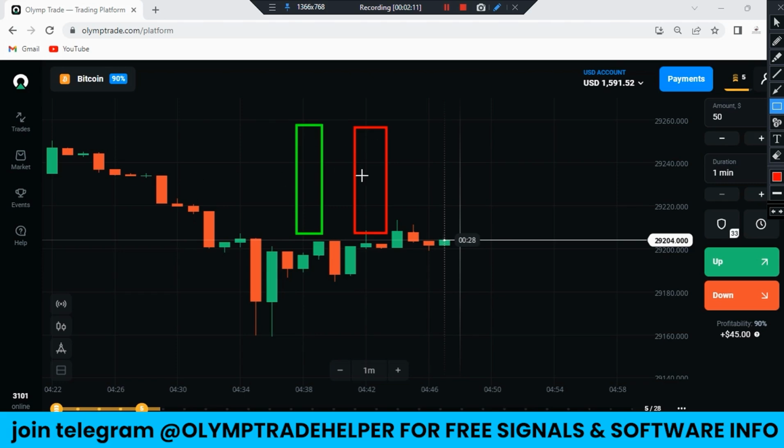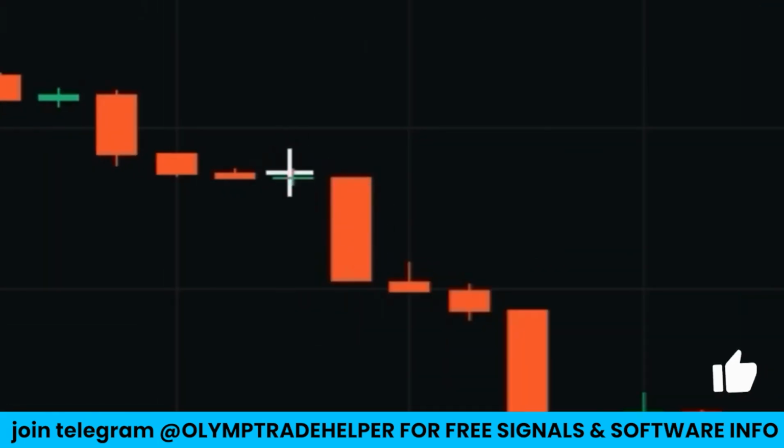Just by looking at this body, looking at its color, you do not know whether the market is bullish or bearish. In the market, when you go to read the candlestick, you have to pay attention to both the body and the shadow. The thin stick that you see above is called a shadow. And the thick rectangle that you see here is called a body.